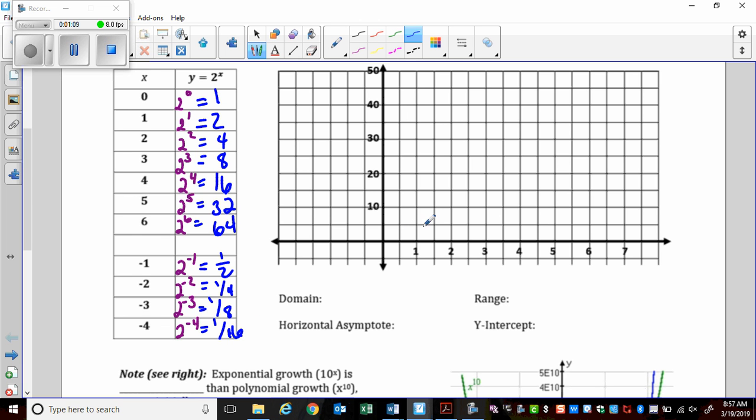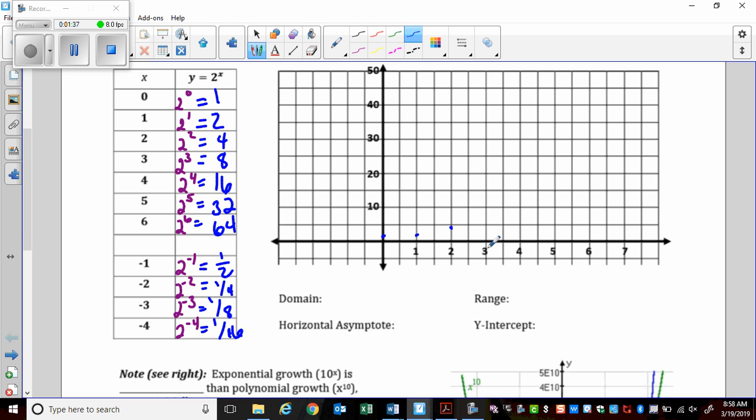When we graph this, if you're confused about how to graph this, always just make this chart, this table, and that'll help you graph it. When x is 0, my value is going to be 1. It's never going to go to 0. At 1, my value is 2. So small change. And then at 2, it's 4.